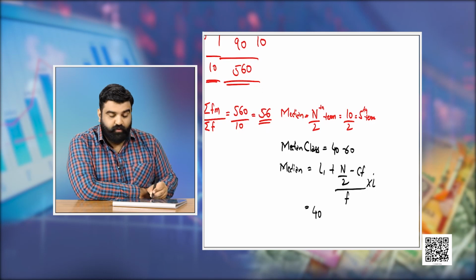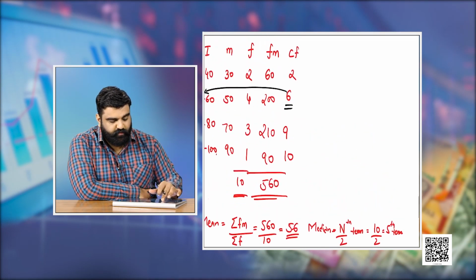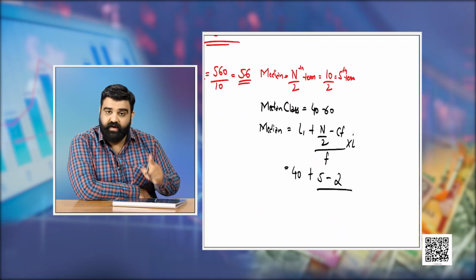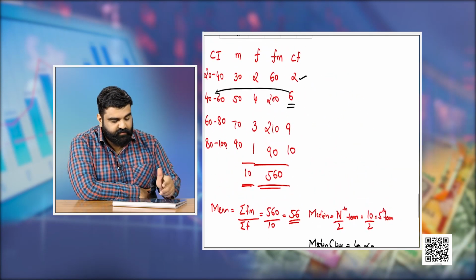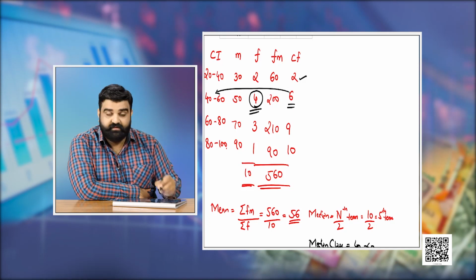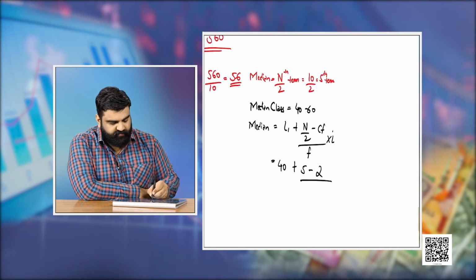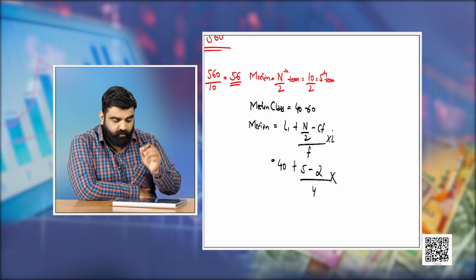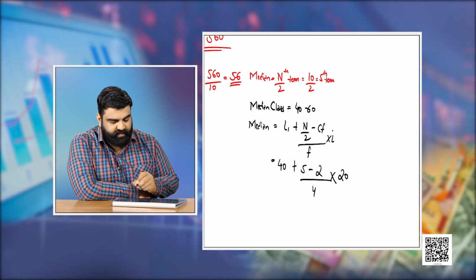So, L1 is the lower limit plus n by 2, which is the 5th term. Cf of the previous was 2. So, we have 2 and frequency of the present class, which is 4. So, divide by 4 and the class interval denoted by h or i or the class gap is 20.